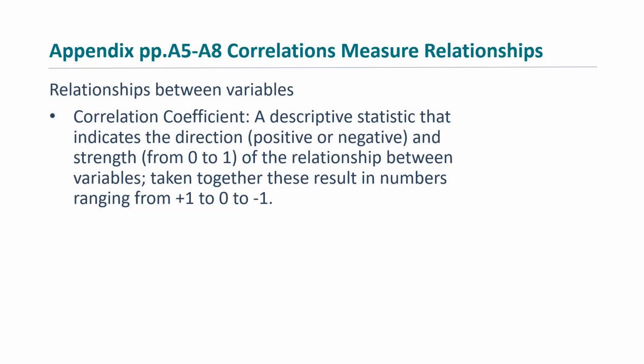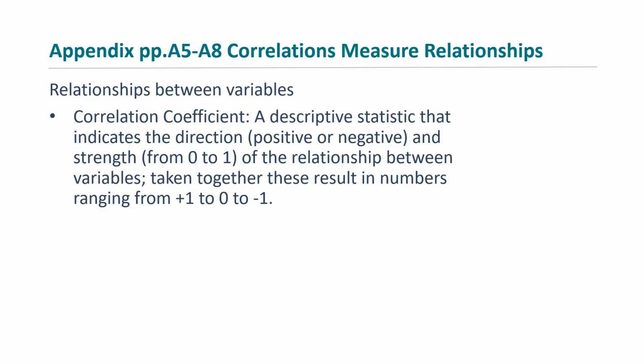So something like a 0.9 or a -0.9 would be a very strong correlation. It means that these two variables are very strongly related or associated. Something like a 0.1 is a lot closer to 0, so that would be a very weak relationship between two variables.